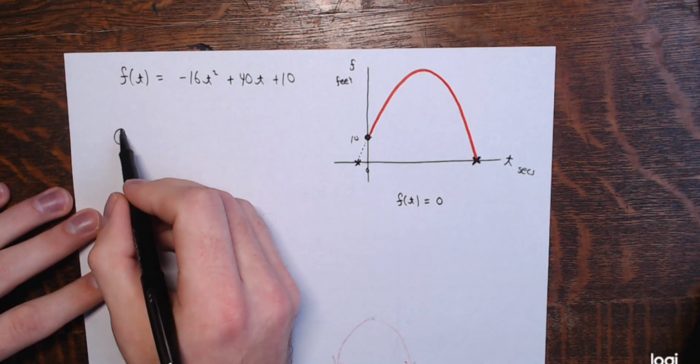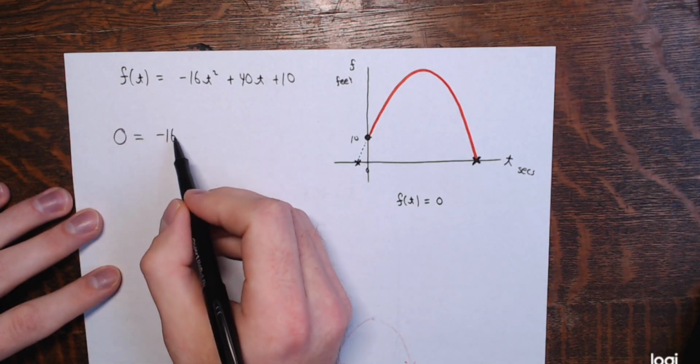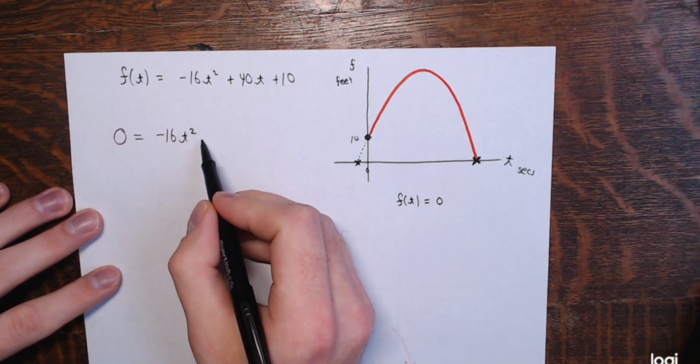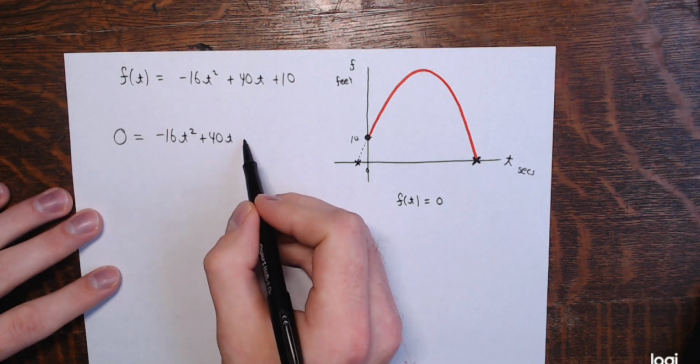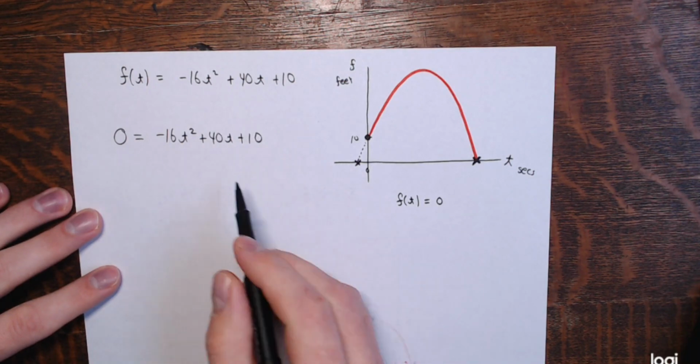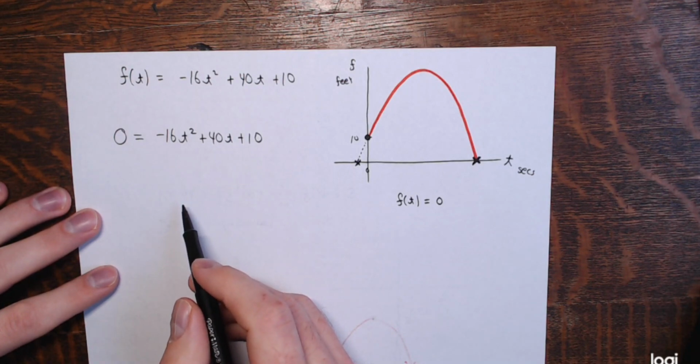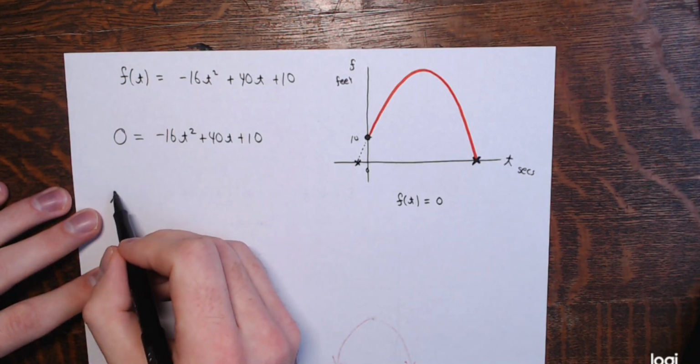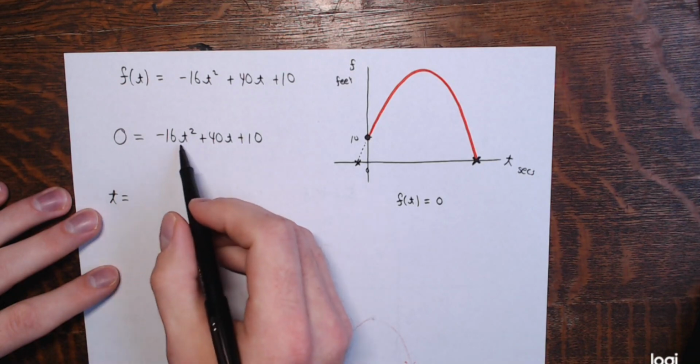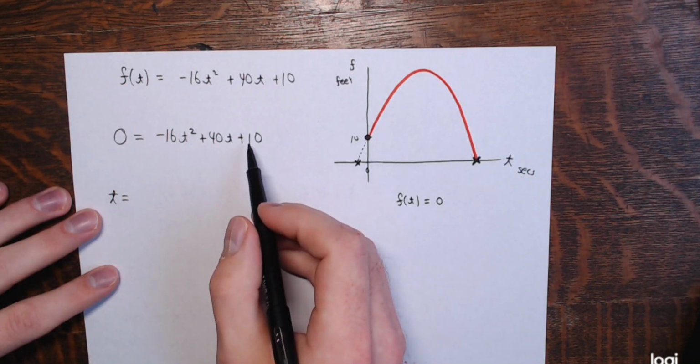So I have 0 equals negative 16t squared plus 40t plus 10, and we can use the quadratic formula. So t equals, now if you want, you can shrink the numbers by dividing everything by 2.